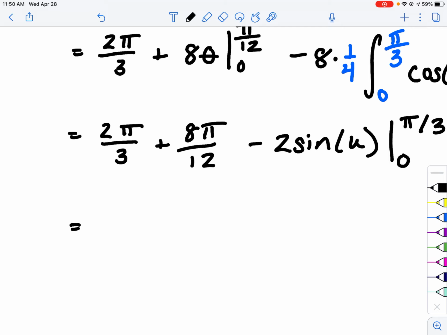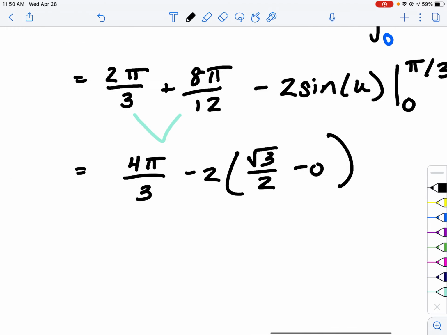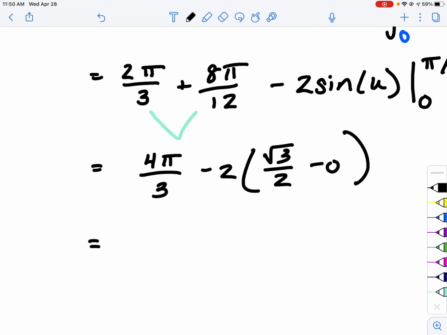So we are going to add those. So that's 2 pi over 3 plus 8 pi over 12 is actually 2 pi over 3. So we get 4 pi over 3 here, from combining these two things. Minus 2. So sine of pi over 3 is root 3 over 2. And it's going to be minus 0 for sine of 0.